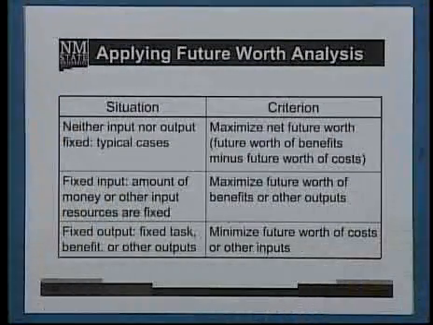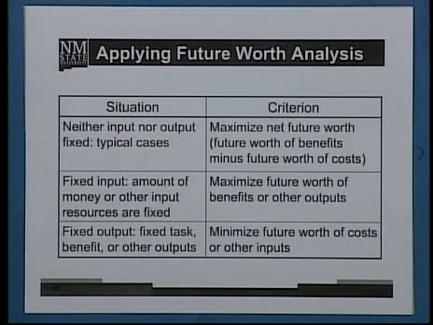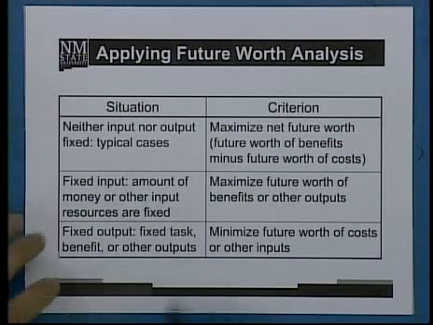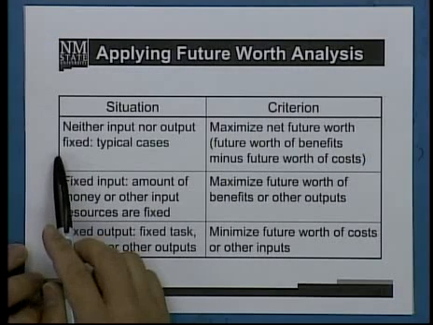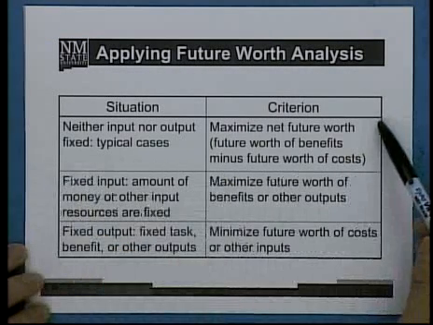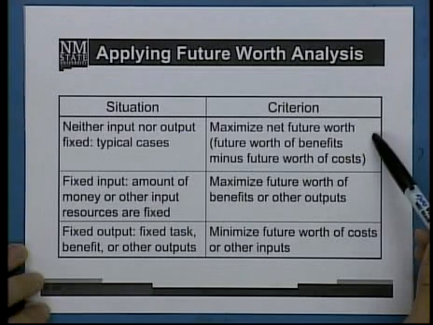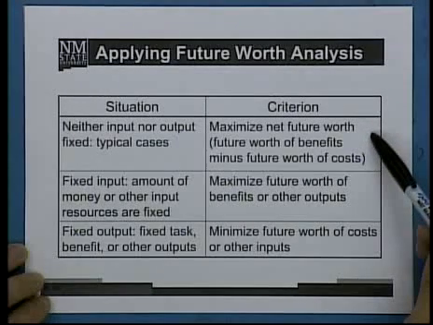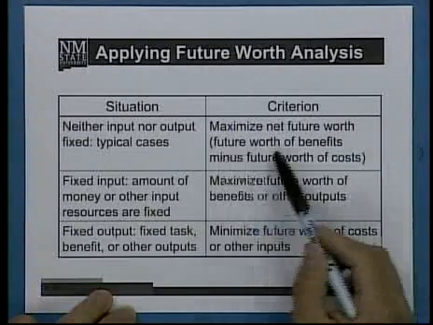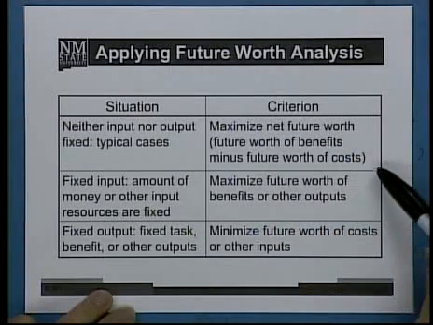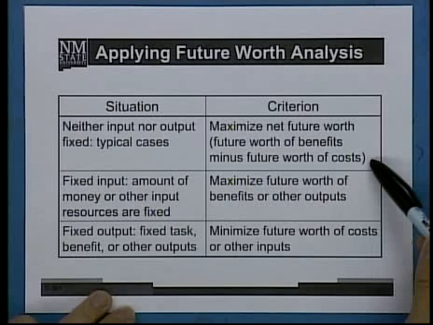The 3 criteria for economic efficiency are summarized here in terms of future worth analysis. If neither input nor output is fixed, the criterion is to maximize net future worth, which is the future worth of benefits minus the future worth of cost.